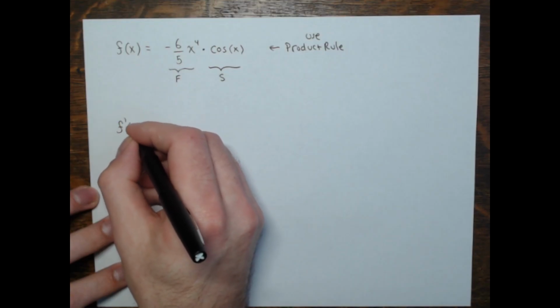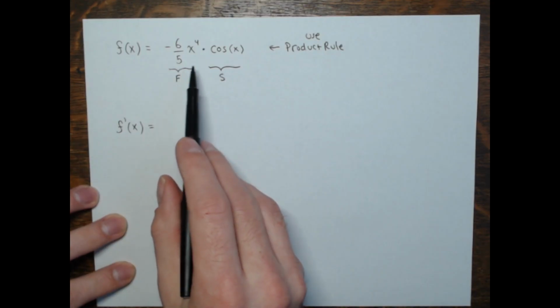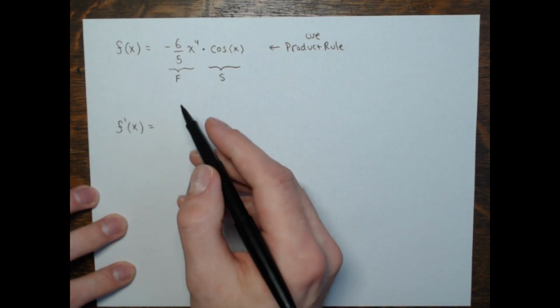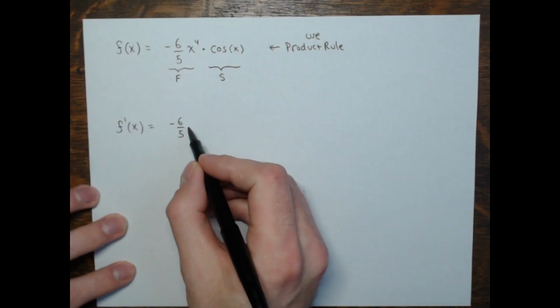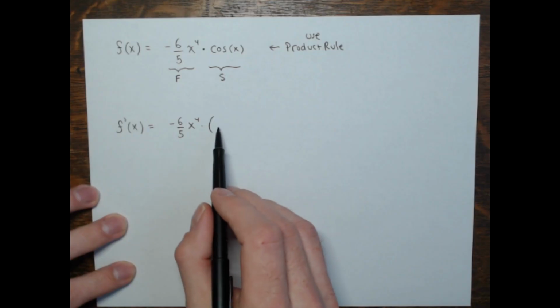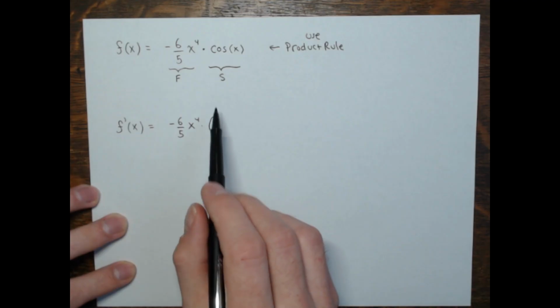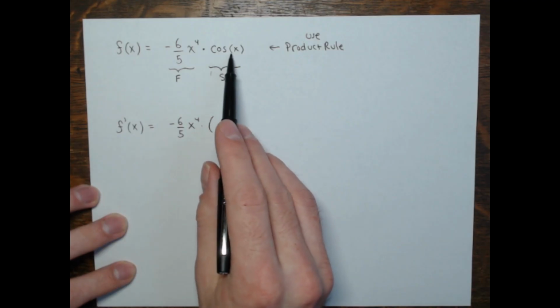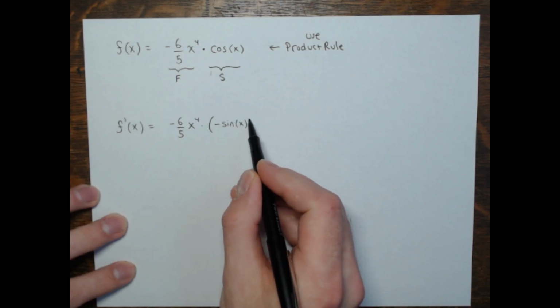All right, so f prime: leave one of these the way it was. So I'm going to leave the first one alone, -6/5 x to the 4th, times the derivative of the other one. The derivative of the second factor, cosine, is that negative sign, or the opposite of sine.